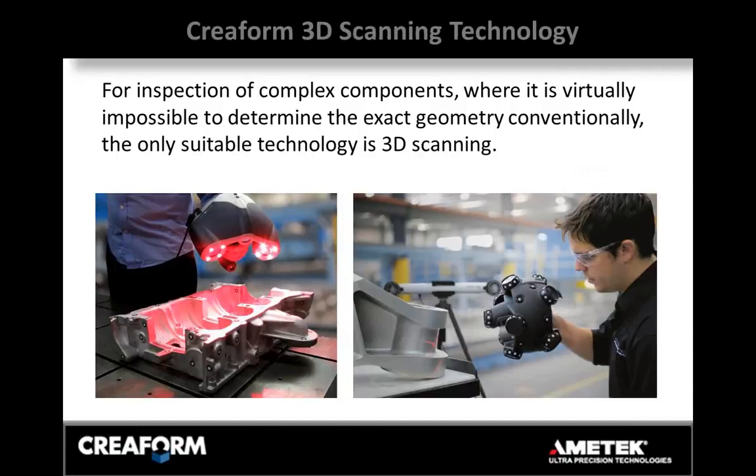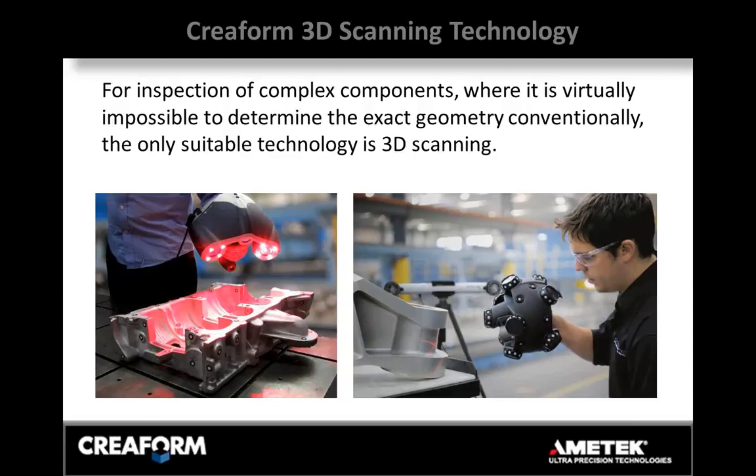Let's have a look at the input side first. So here we are talking about Creaform 3D scanning technology. Why scanning? Because some parts are not easy to touch probe, for example on a CMM or with an arm-based touch probe, because some parts are slightly deformable, so very unstable, or have curved surfaces, so they don't rest very easily in place and move around.